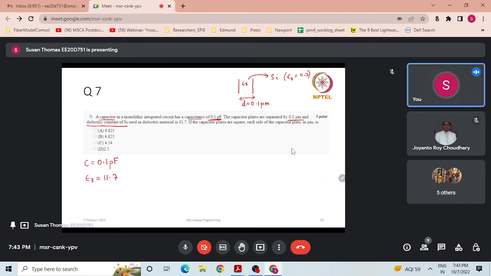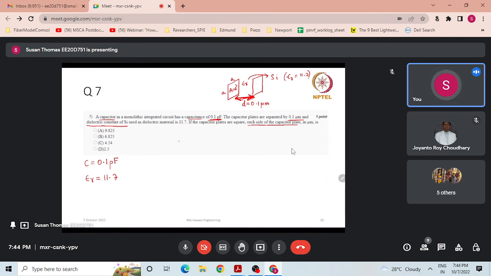If the capacitor plates are square, this is a square plate and this is the distance between the two square plates. The question is, what is each side of the capacitor plate? When there is a square, you have a by a, and the area will be a squared. I hope by now you got a clue of how this has to be solved.